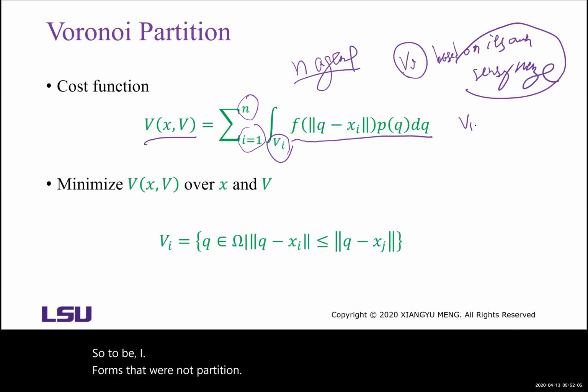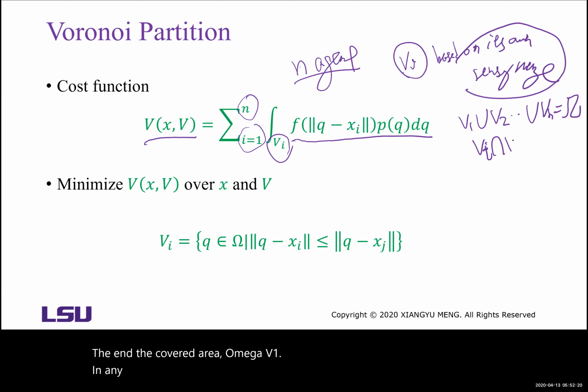The union of V1, V2 until Vn covers the area omega. Then the intersection of Vi and Vj is empty, meaning they only share a borderline.